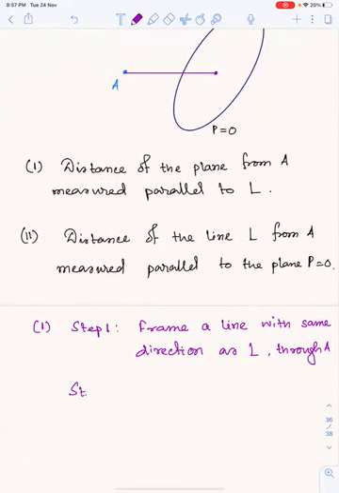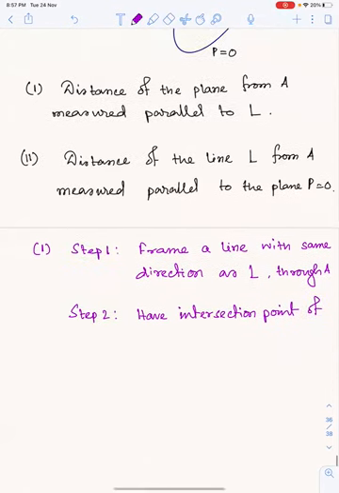Step 2, find the intersection point of the constructed line and the plane. Say Q.